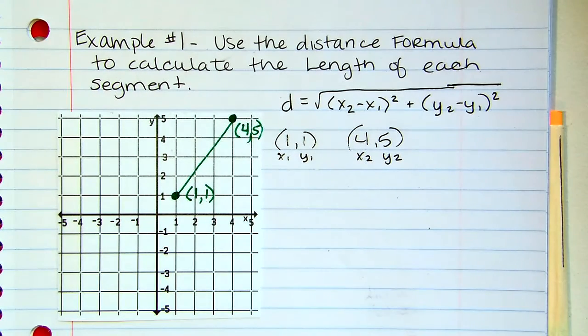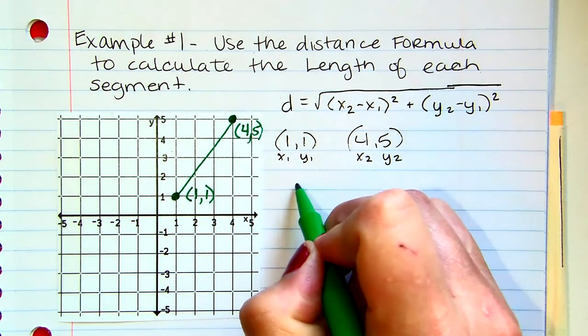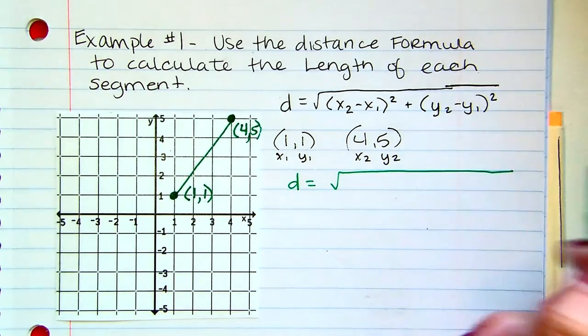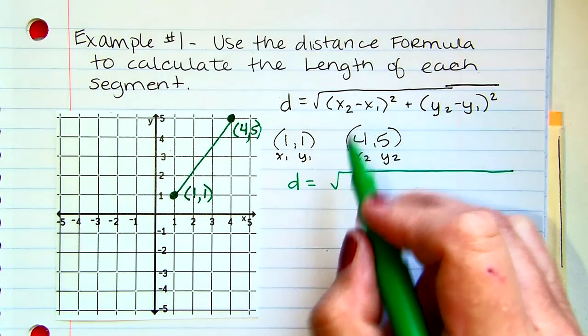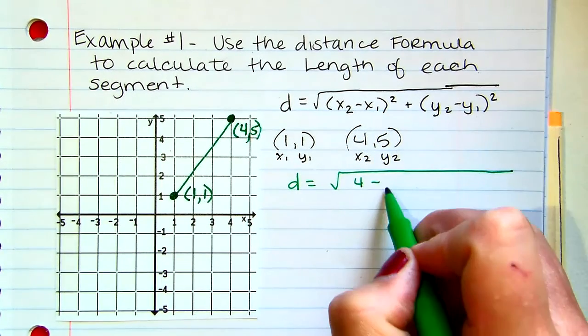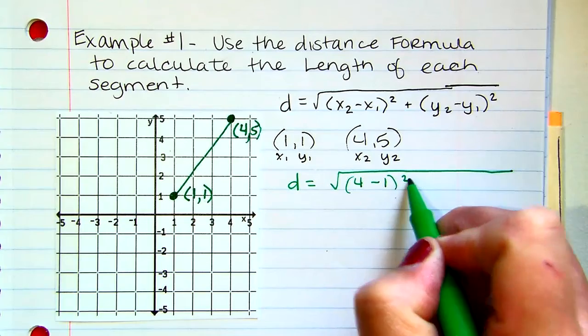What we'll do now is plug these numbers into our formula. So I'm going to go D equals, and I'm going to do a really long square root, x2, which is 4, minus x1, which is 1. I'm going to put that in parentheses, and I'm going to square it.